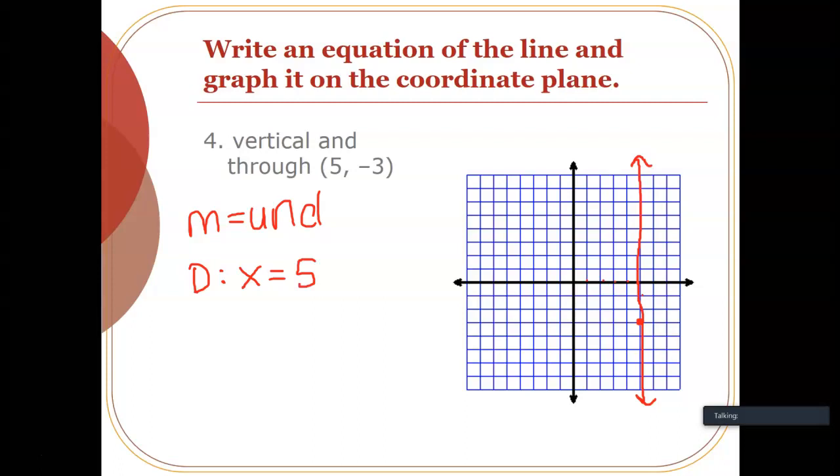In this case, the equation of the line is x equals 5, and so is my domain. Now the range is still all reals because it can be any y value, because this represents all the y's, but only 1 x.